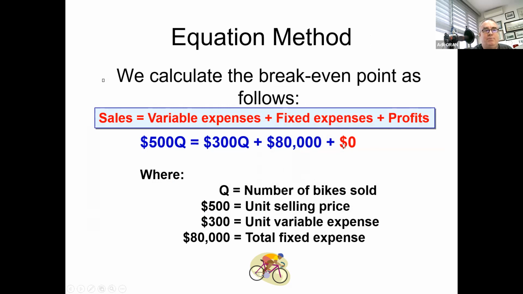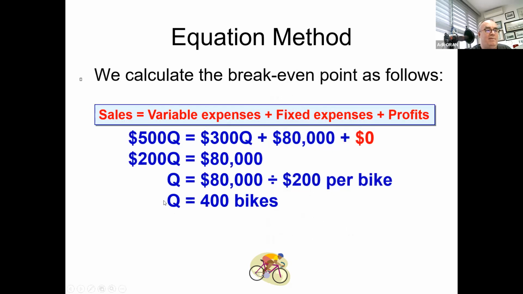And if you set profits equal to 0 and solve for Q, that gives you your break-even point in units sold, number of bicycles sold. So that is what you would do to solve for the number of bicycles that you need to sell. You could multiply that by the selling price to give you the break-even point in dollars, or a number of other things that you want as well.